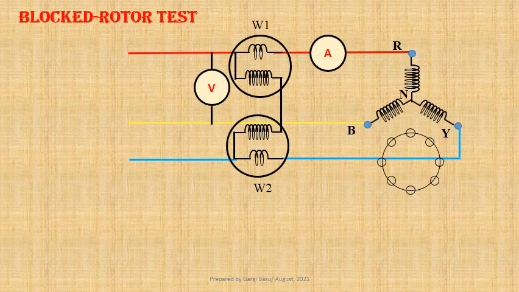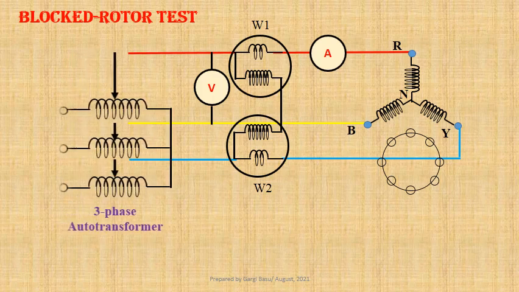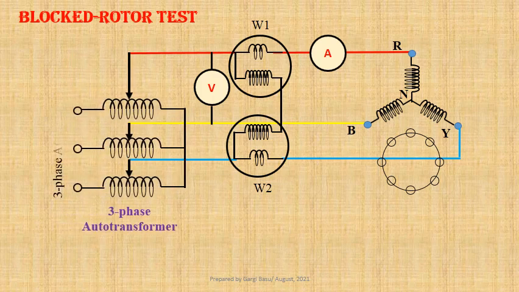A 3-phase auto transformer is used to provide 3-phase AC supply to the stator at rated frequency. Voltage is gradually increased from 0 to a value so that rated current flows through the stator winding.